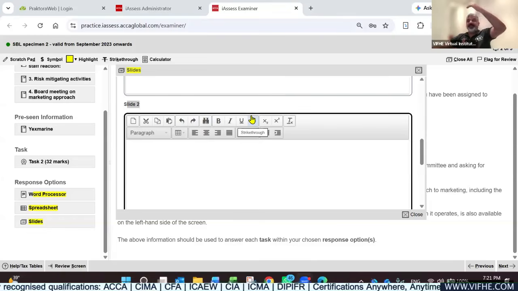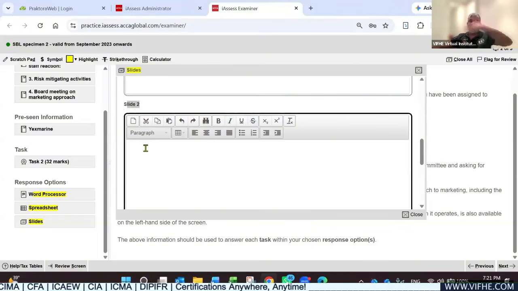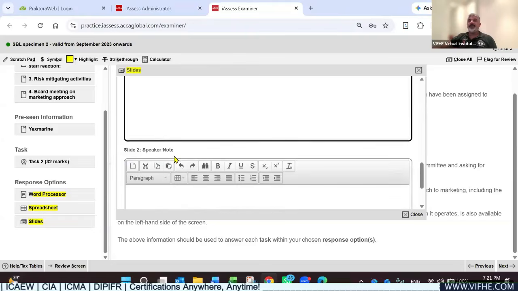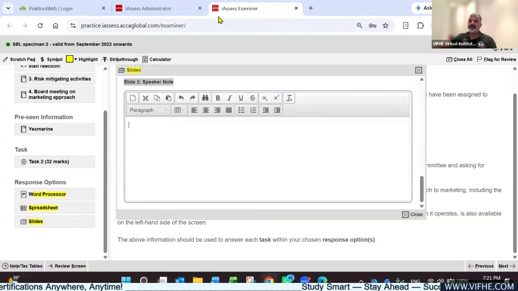So that is why you see slide number one followed by slide number two. This is the second slide, followed by slide number two's speaker notes. Is this clear, guys?